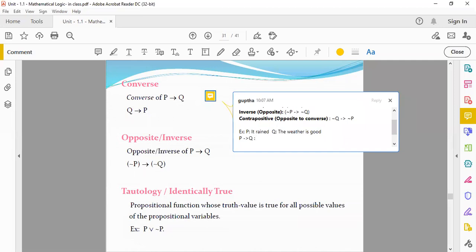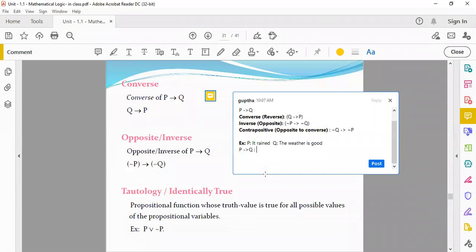First of all, what is P implies Q for this example? Anyone, please respond?